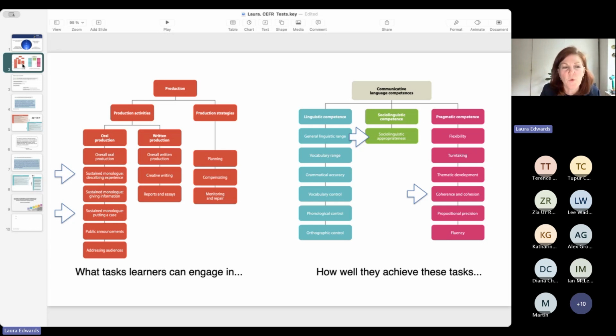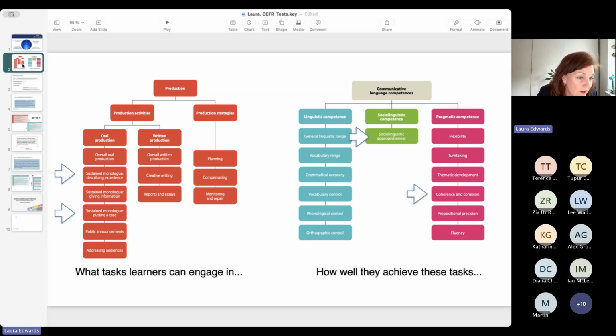But just as a quick reminder, the CEFR tells us to look beyond just give a presentation or something like that. It gives us all this fine shade and this detail. On the other side here, we have the communicative language competences, and these ones will tell us how well they achieve the tasks.